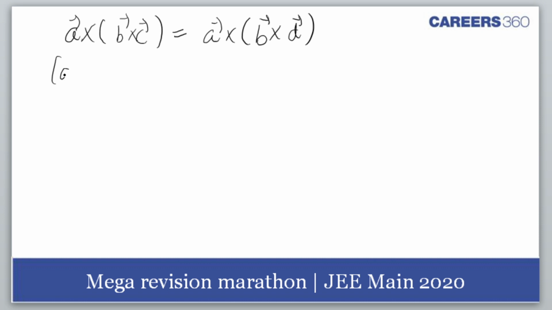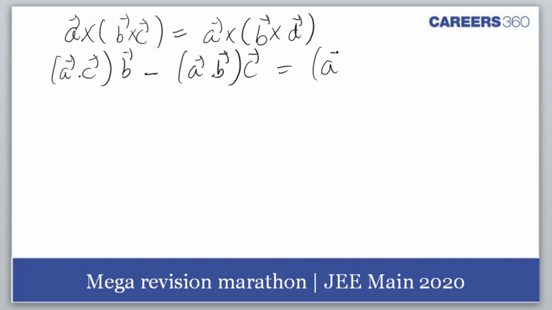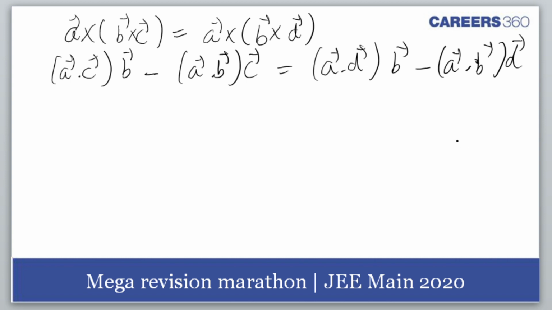We get A dot C B minus A dot B C, that's the left hand side opening, is equal to, this would be A dot D B minus A dot B D. A dot D is what? A dot B is 3.